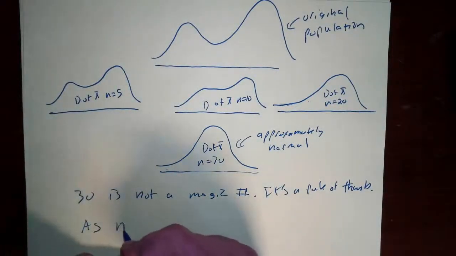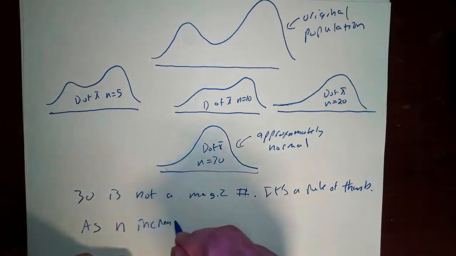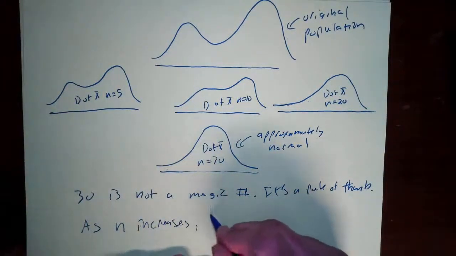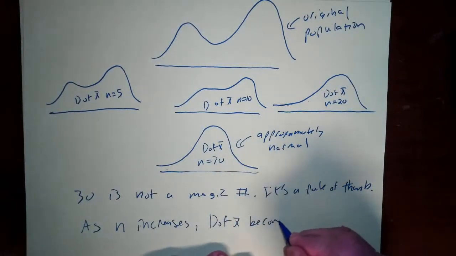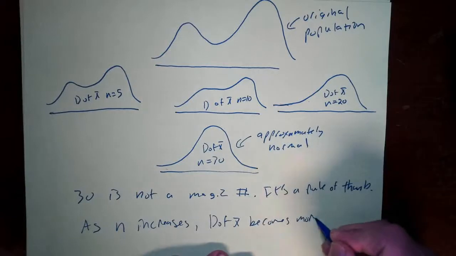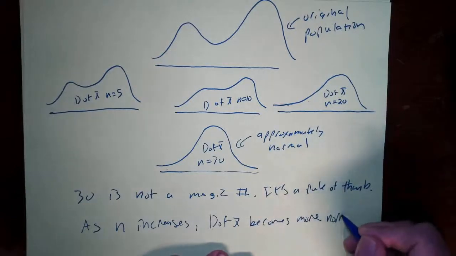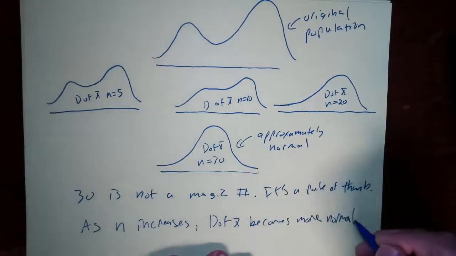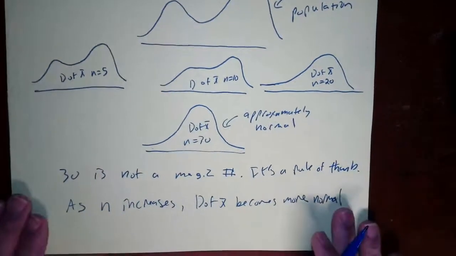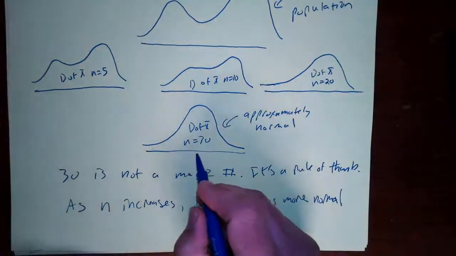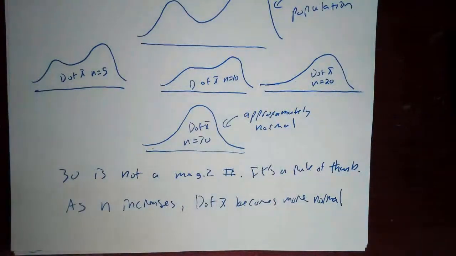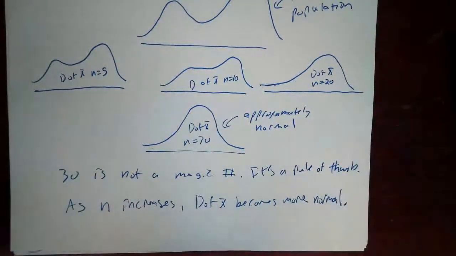And as n increases, the distribution of x bar becomes more normal. So if you take out a larger n, it's all the better. The distribution of x bar becomes more normal. Not only that, but the standard error shrinks down as well, and you have less sampling error. And so just overall, your results get better.